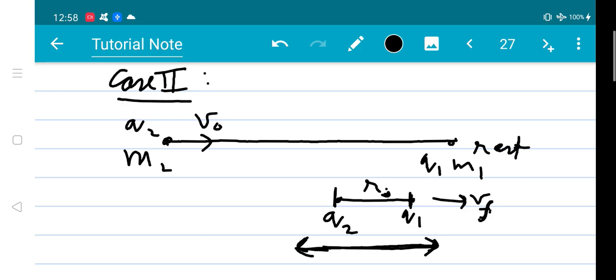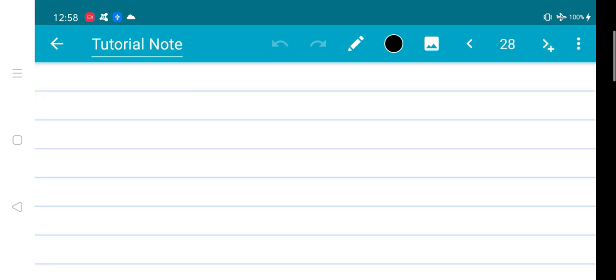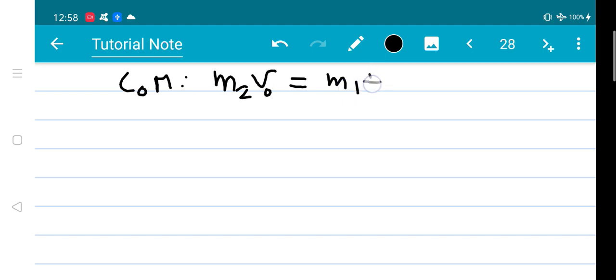Now, using conservation of momentum, not mass, the conservation of momentum, we can say that m2 v0 equals m1 plus m2 into vf, because both the particles are moving together.